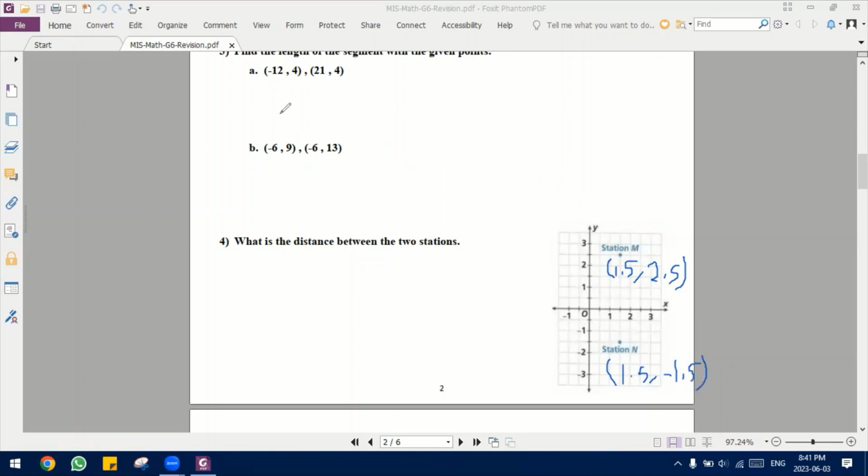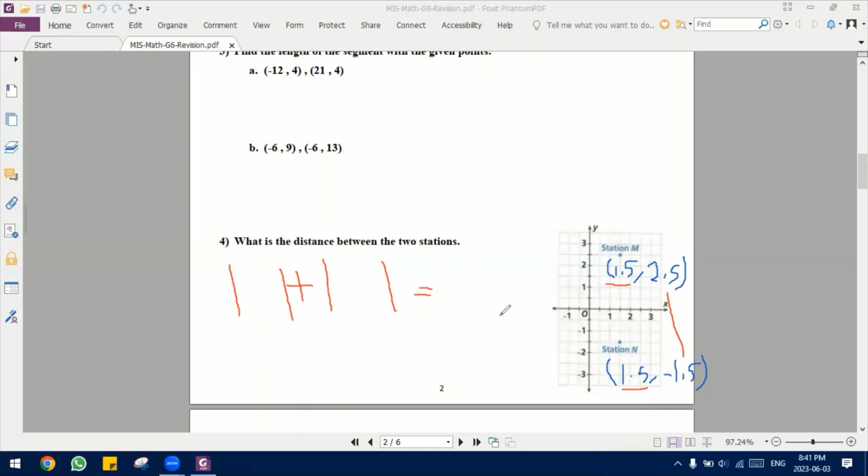Now, as I said in the previous question, question 3, the x values are similar, so I will not use them. What should I use? I will use the y values, 2.5 and minus 1.5. Obviously, they have different signs, and we can check from the graph. They are located in different quadrants. Different quadrants means I need to add their absolute values.